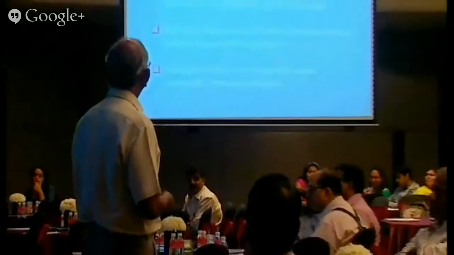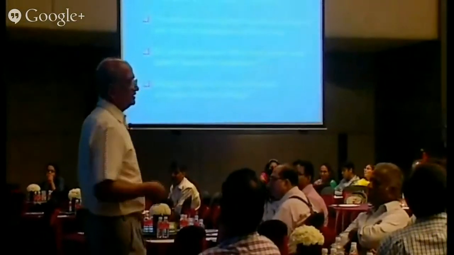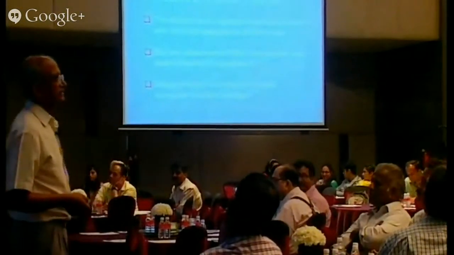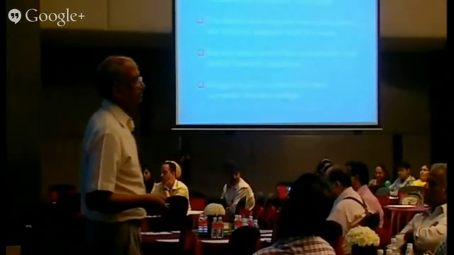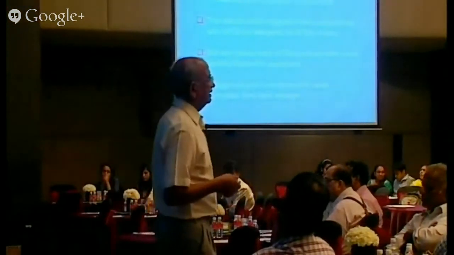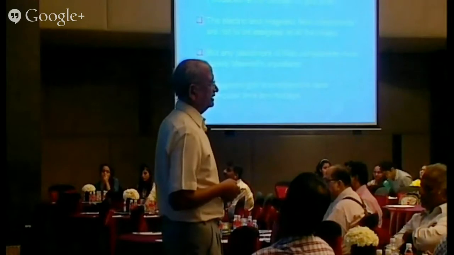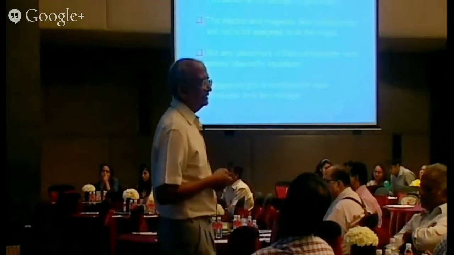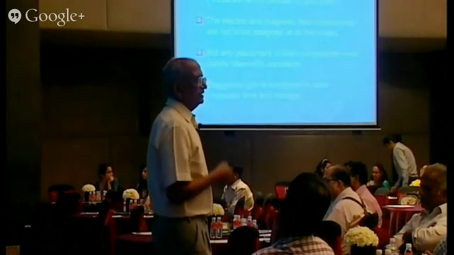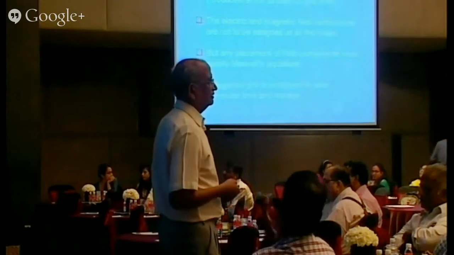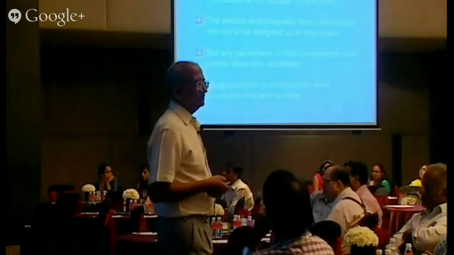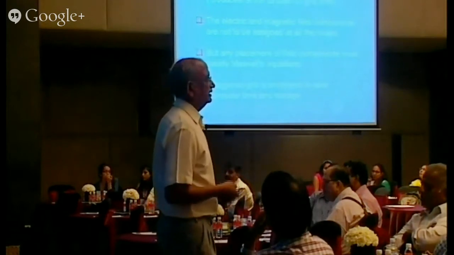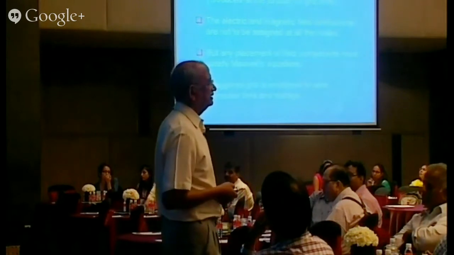Another thing over here, and we are coming to that part in the next one, is the placement of the field components. How do we place the field components? Right now we have only two components, Ey and Hz, because it's a simple problem. But in a complex 3D problem, you will have all 6 components: 3 components of electric field, 3 components of magnetic field.